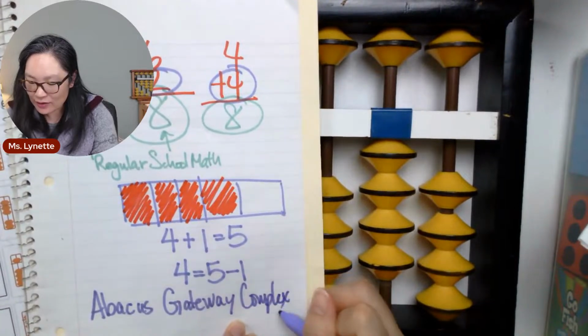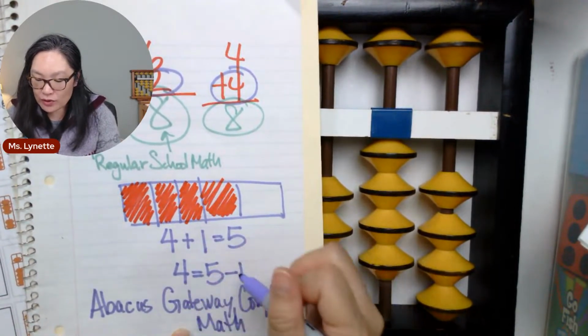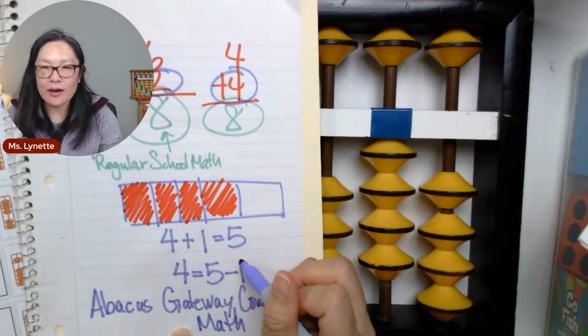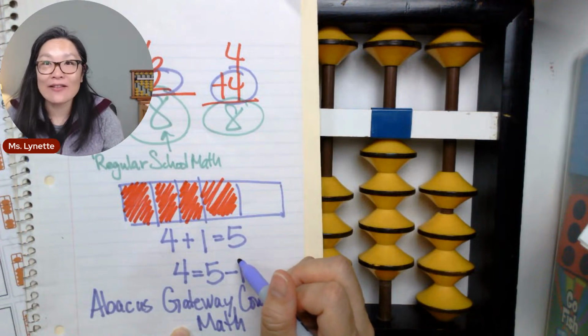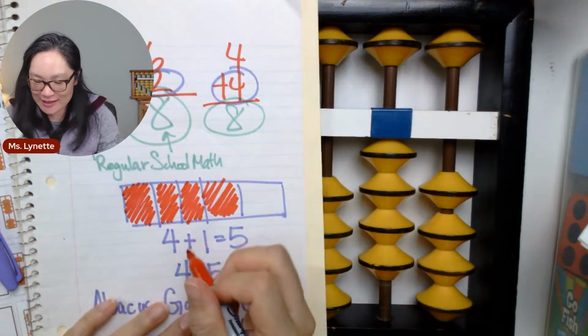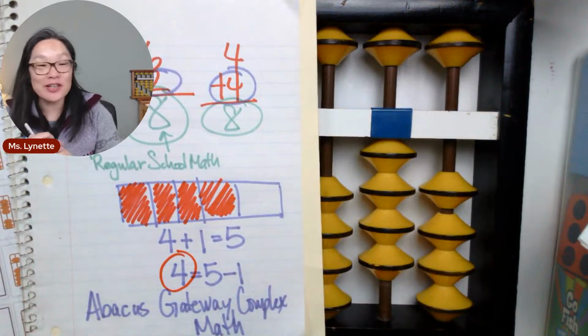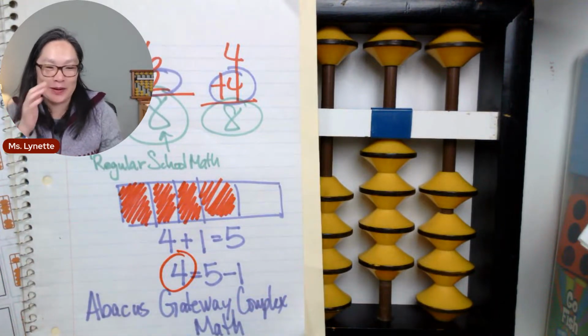I should just get that out. Complex math. Now what we're doing is we are isolating the variable, which is an algebraic term. What did we just do? I just took this number 4 and I isolated it. I'm going to be using some really big math terminologies here.